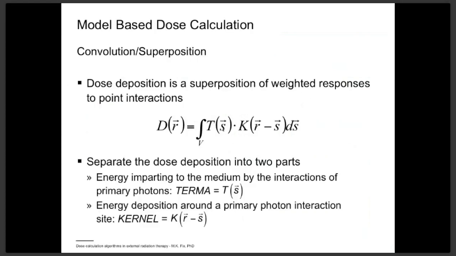So this total released energy per mass is typically called terma, and the contribution of the energy released in S to a point R is described by the energy deposition kernel. So now we need to know how we can determine the terma and how we receive the kernel in order to apply this convolution to determine the dose.